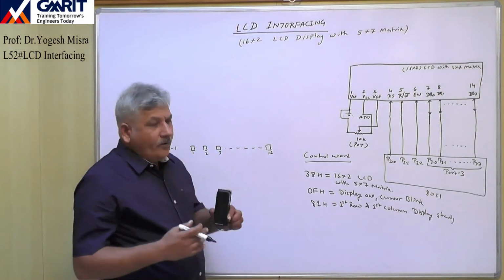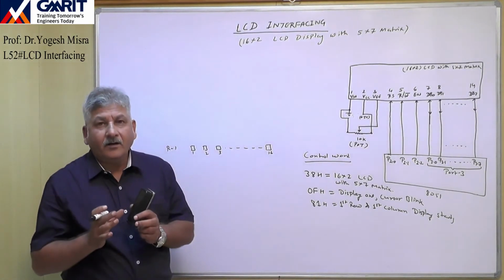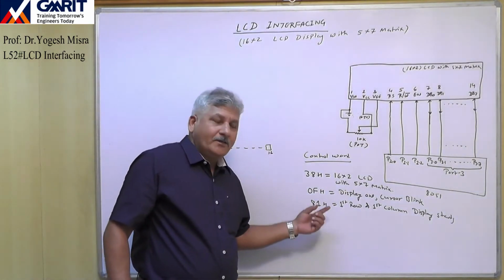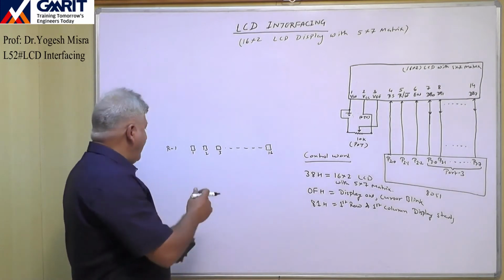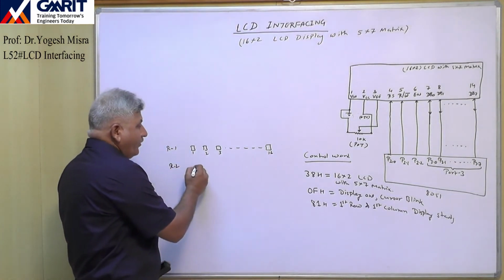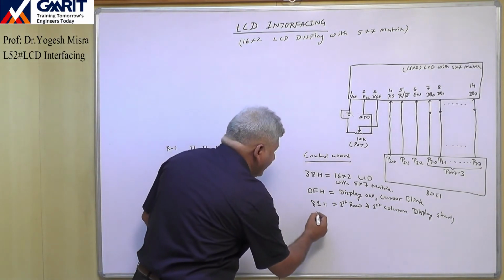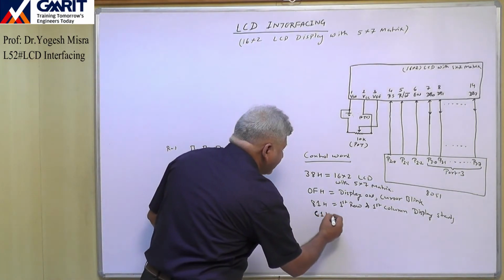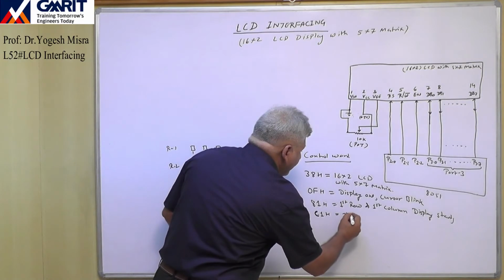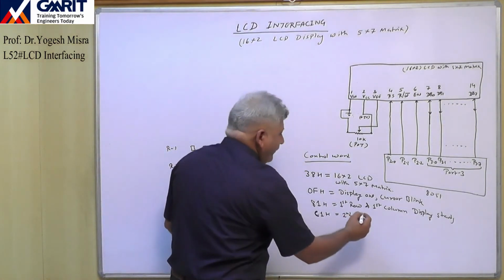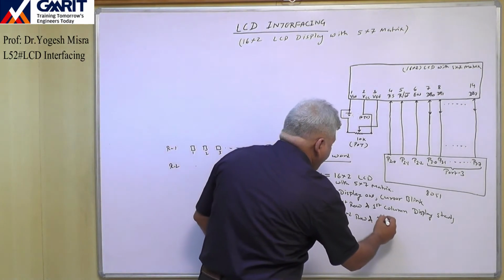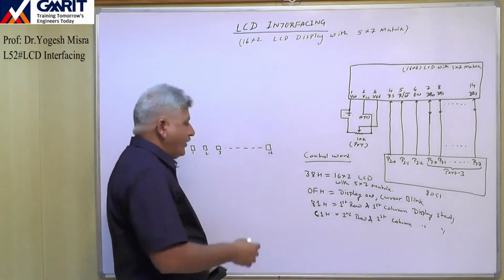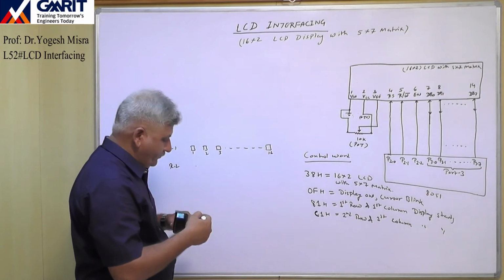In this way, the exact starting point of our display can be controlled, using 81H for the first row. And for the second row, the control word is C1H, which is second row and first column display start. So these are a few control words which we will use.